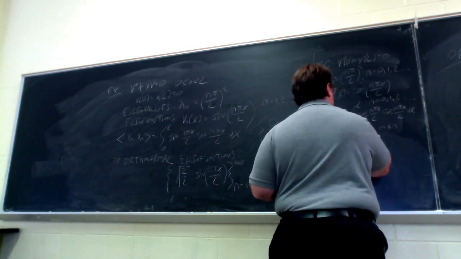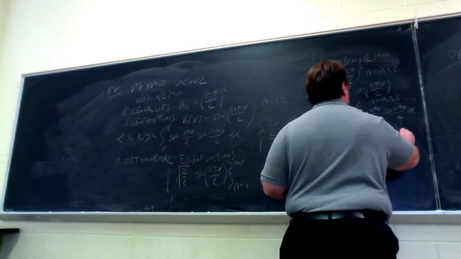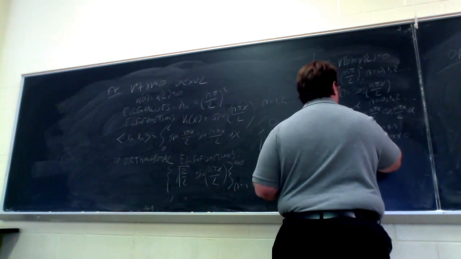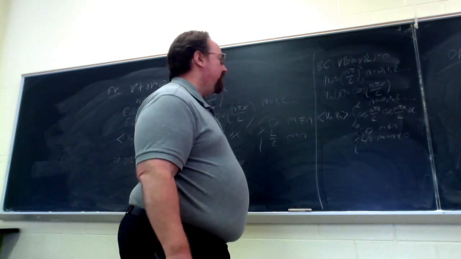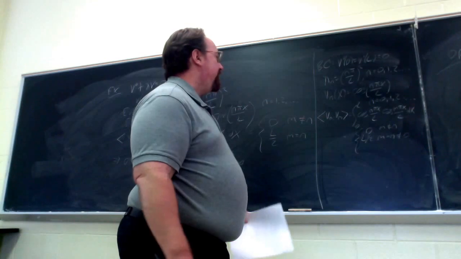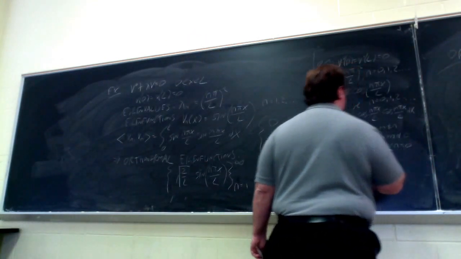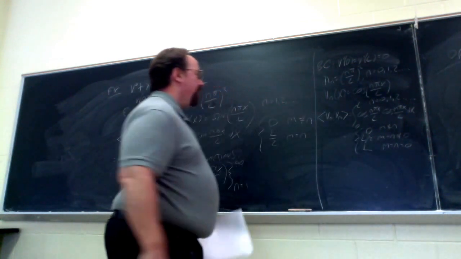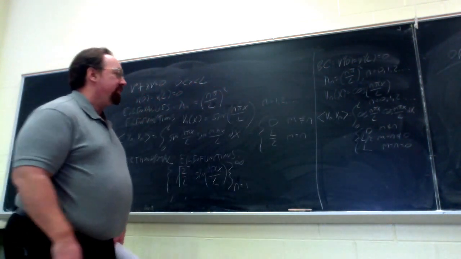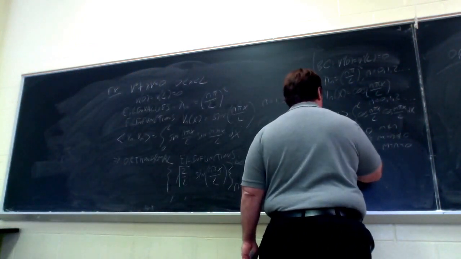You have L over 2 again if m equals n but is non-zero. So for instance, v 5 inner product with itself is going to be L over 2. If m and n equal 0, you're just integrating 1, so you get L in that case. So you have to normalize a little differently in order to get an orthonormal set.